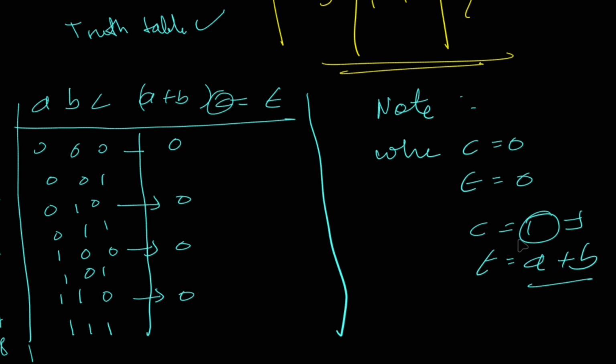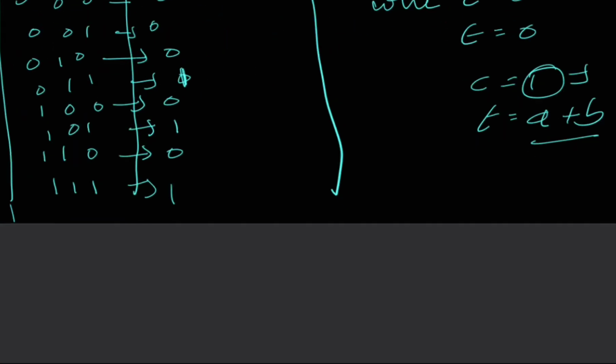So here, this will be 0, 0. This one will be 1. This one will be 1. And this one will be 1. So this is your truth table for expression E.